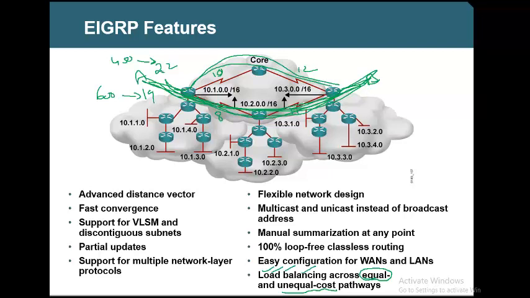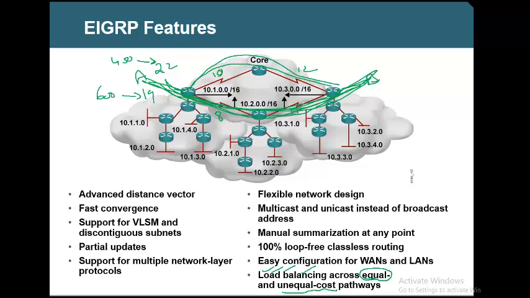According to the capacity, the path is going to be determined. The amount of traffic in the path is going to be determined. You and I need not worry about how much percentage. Those things are dynamically calculated and taken care of by EIGRP. Now, do you have any question on this page?